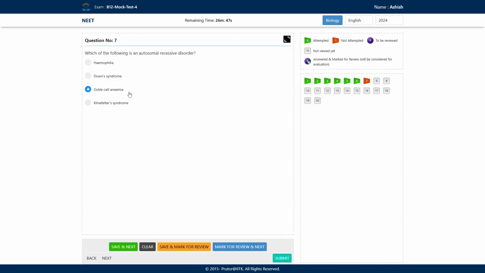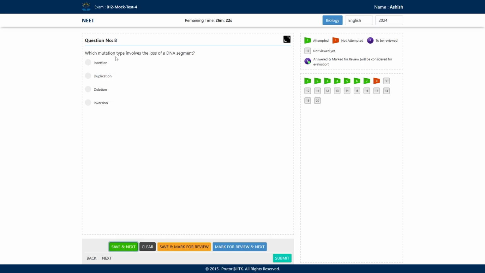This leads to amino acid substitution. Instead of glutamic acid in the normal hemoglobin gene, glutamic acid is replaced by valine at the 6th position of the beta globin chain. This causes hemoglobin polymerization, and the shape of the RBC changes from biconcave to sickle shaped.